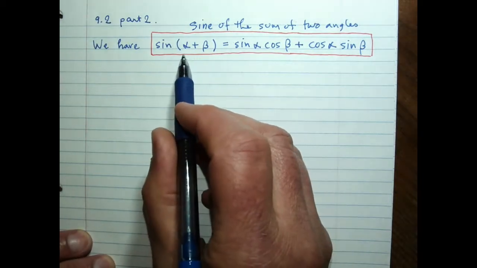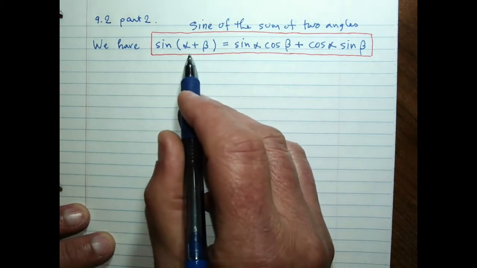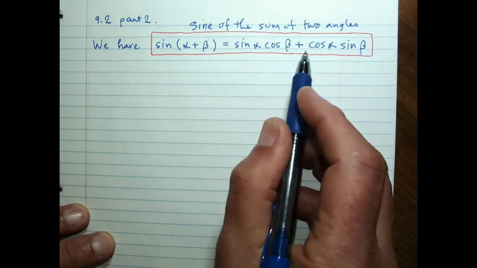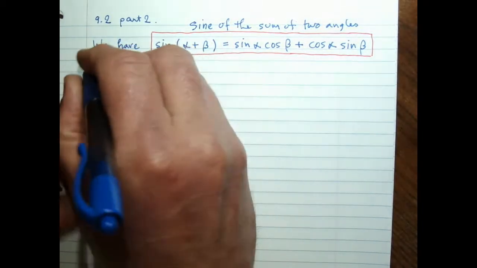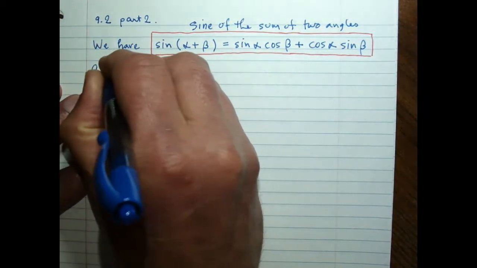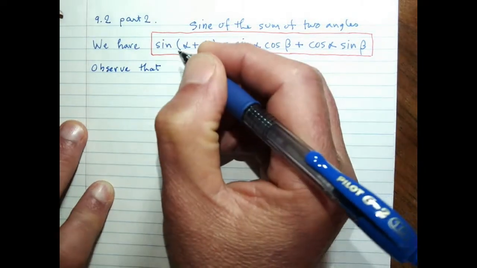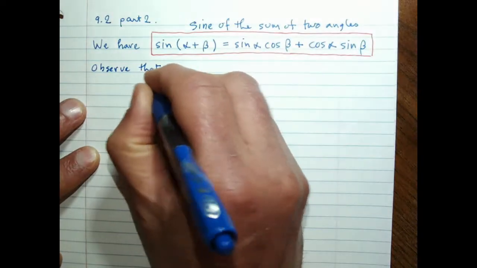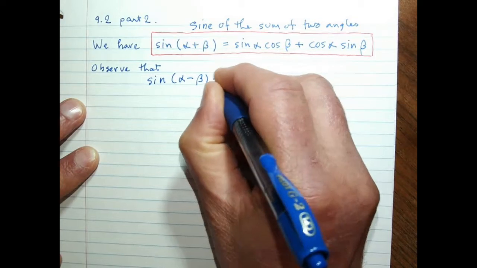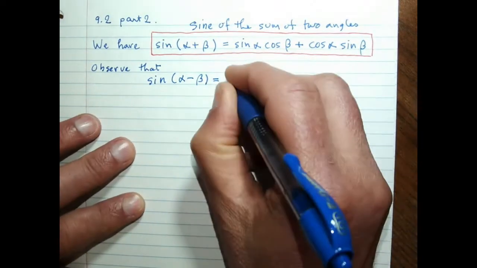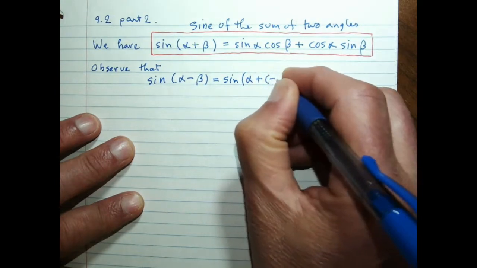So we have one identity here, the sine of the sum of two angles. Sine of alpha plus beta is sine alpha cosine beta plus cosine alpha sine of beta. Now to take this a little bit further, we're going to observe that sine of alpha minus beta could be thought of as sine of alpha plus a minus beta.